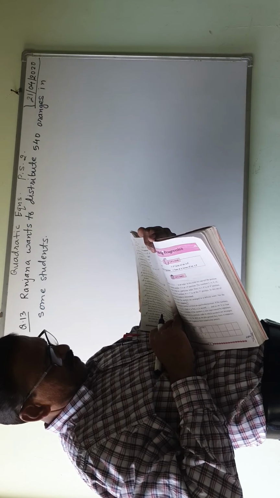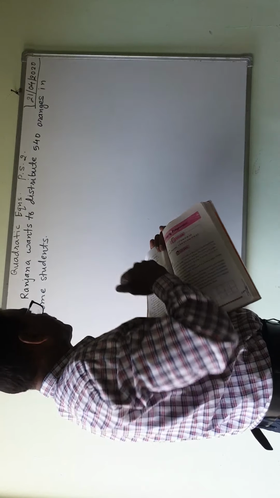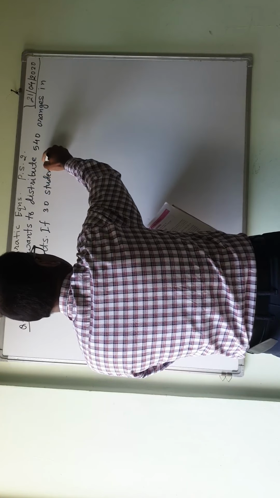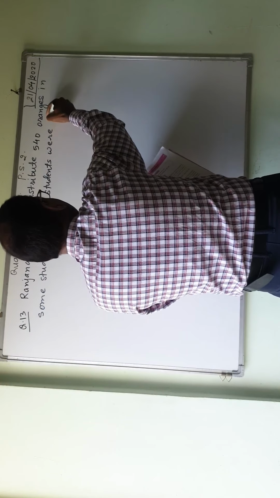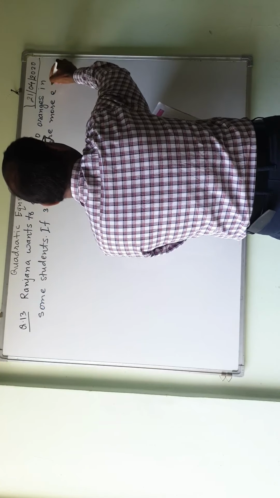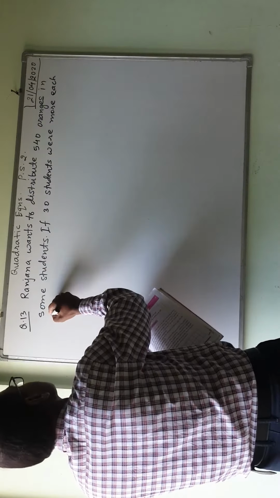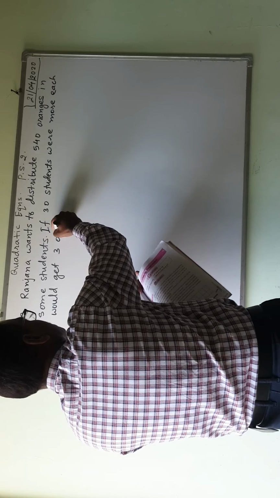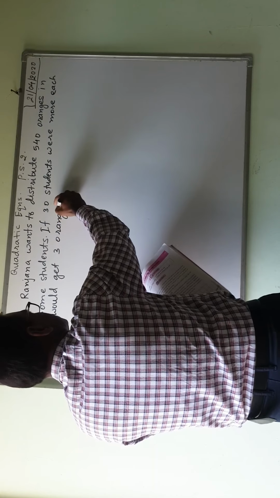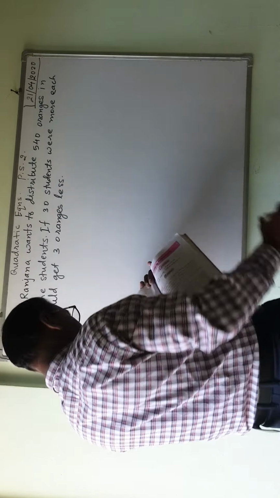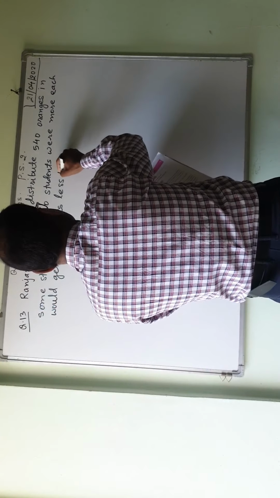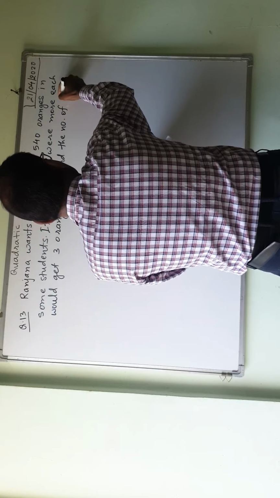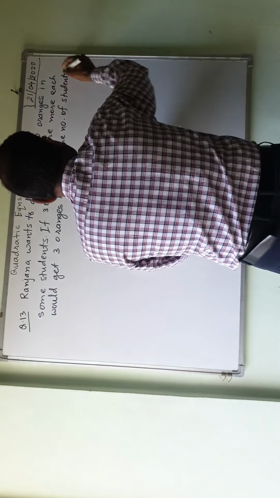If 30 students were more, each would get 3 oranges less. Find the number of students.